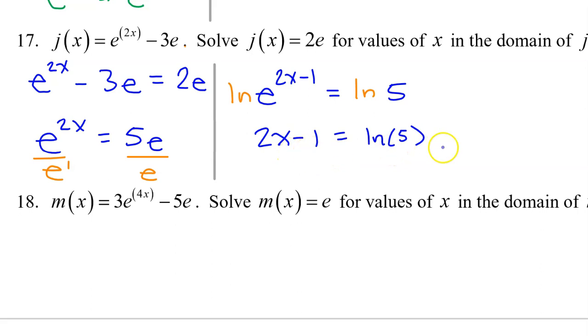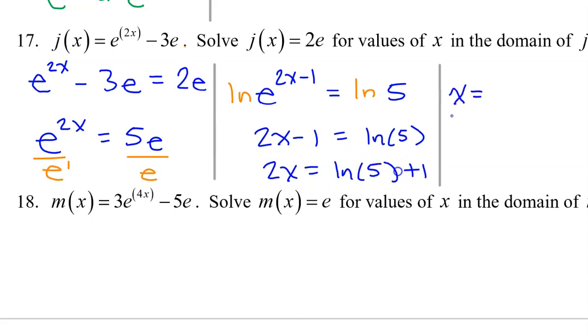Let's add 1 to both sides, which will give us 2x is equal to the natural log of 5 plus 1. And then if we divide both sides by 2, we get x is equal to the natural log of 5 plus 1 all over 2. And that's the final answer.